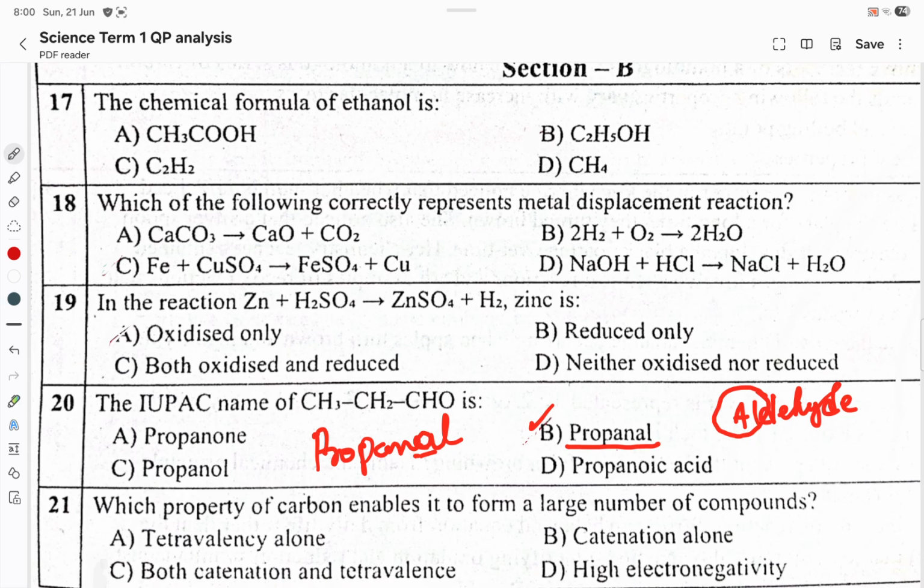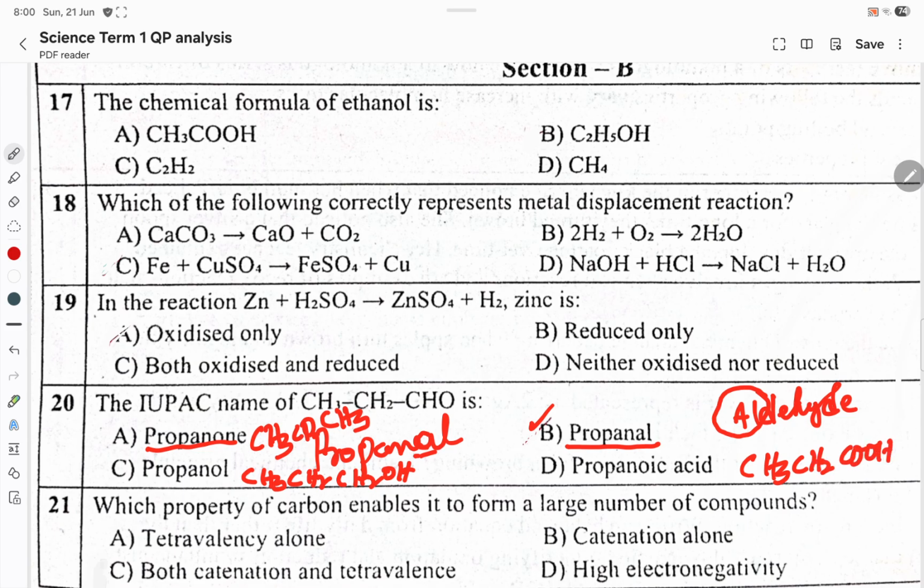Now let's move to the next question. Propanone structure: CH3 CO CH3, propanone. Propanal means CH3 CH2 CHO. Propanol means CH3 CH2 CH2OH. Propanoic acid means CH3 CH2 COOH.